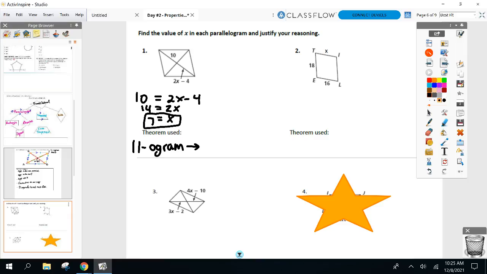So because I had a parallelogram, what property did we use, Emma? Diagonals bisect each other. Parallelogram implies diagonals bisect each other. And that's what's going to go in the reasons column tomorrow.